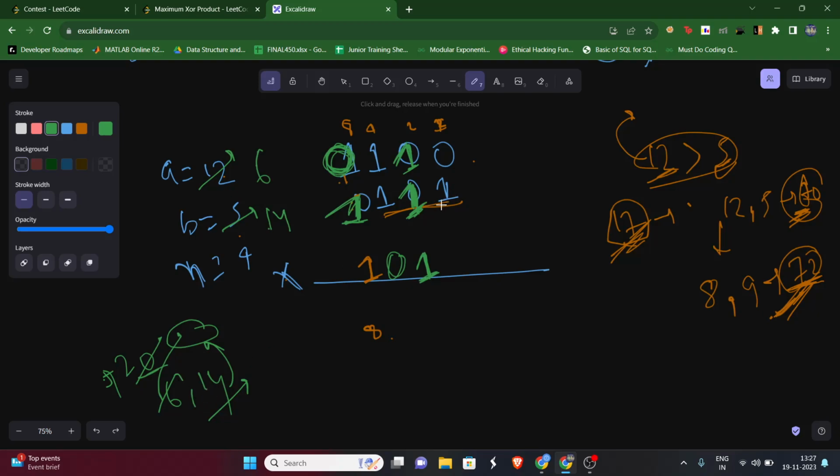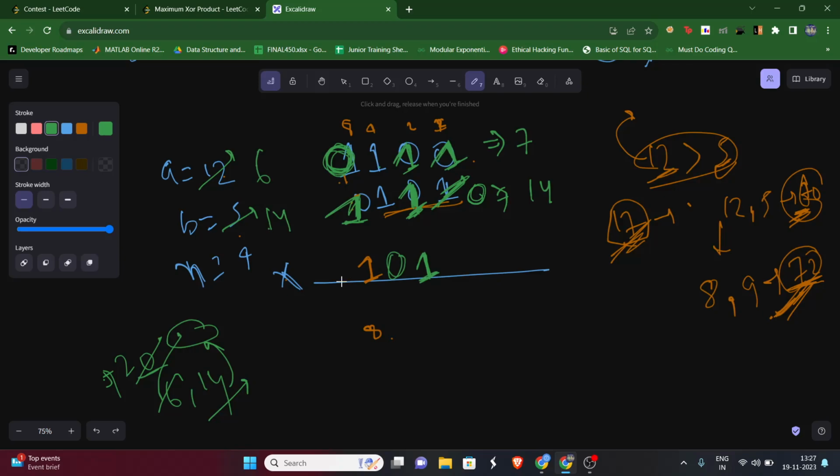Okay, so if we unset this, it will become 0 and this will become 1. So the final value will become 7 over here, and here it will become 8 plus 4, 12, and 2, 14.